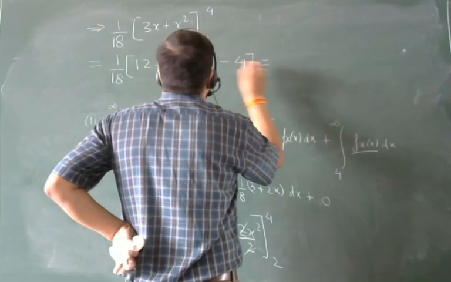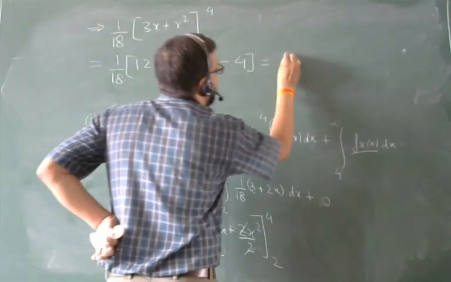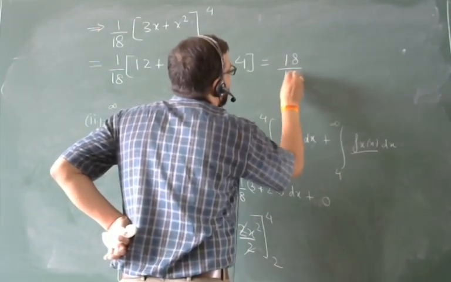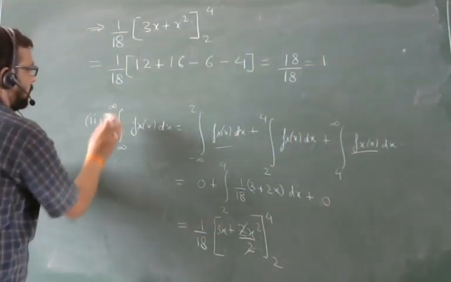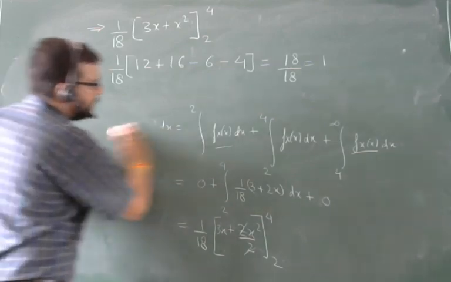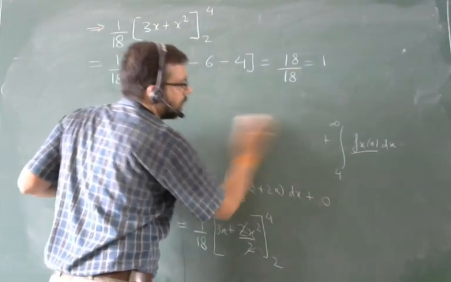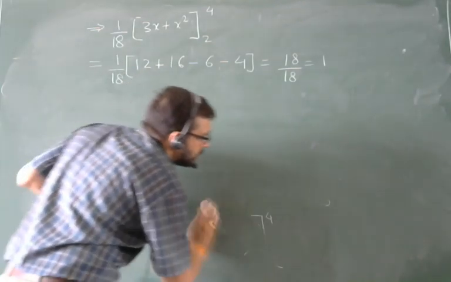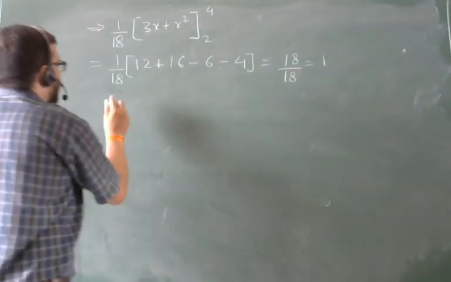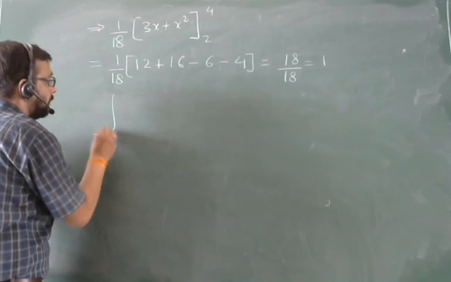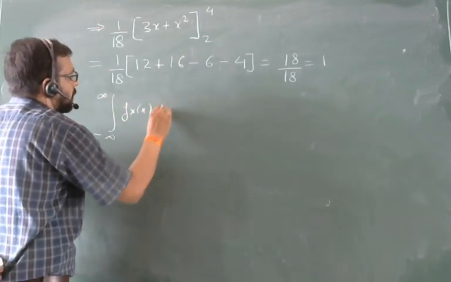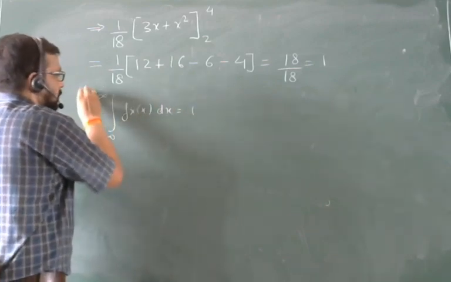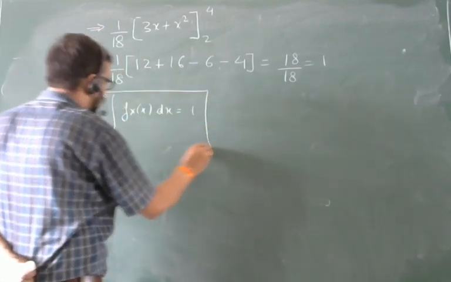After solving this we get 18 upon 18, which is 1. So the integral from minus infinity to infinity of f of x dx is equal to 1. This is your second condition.